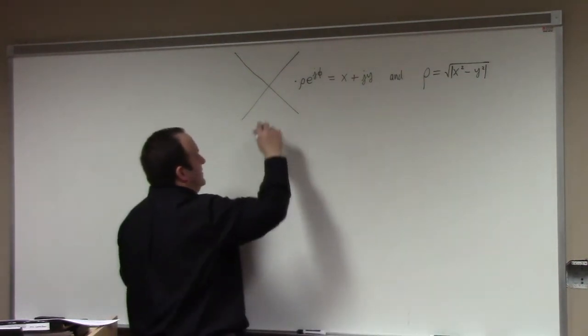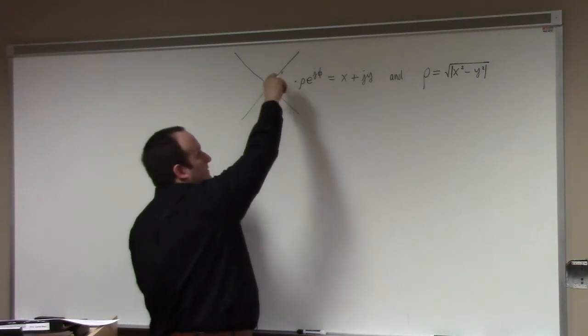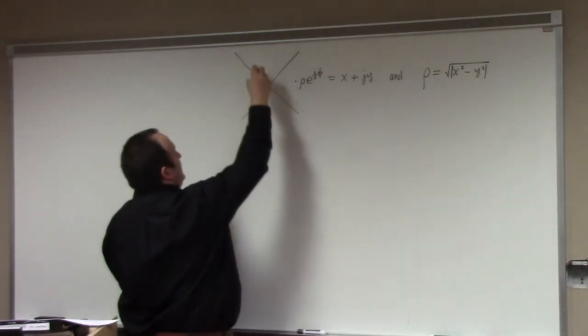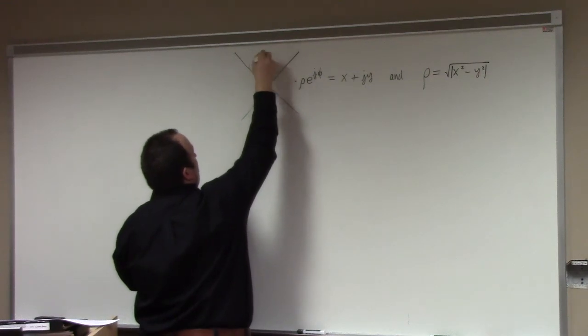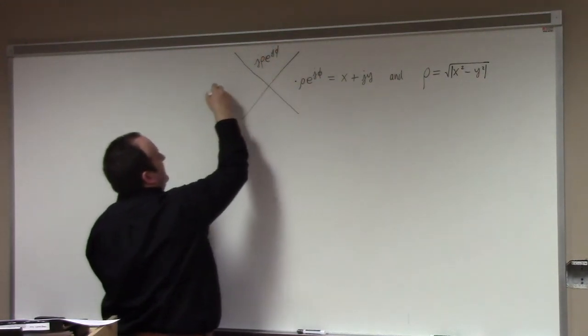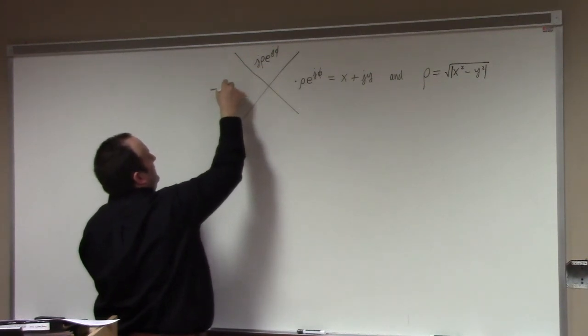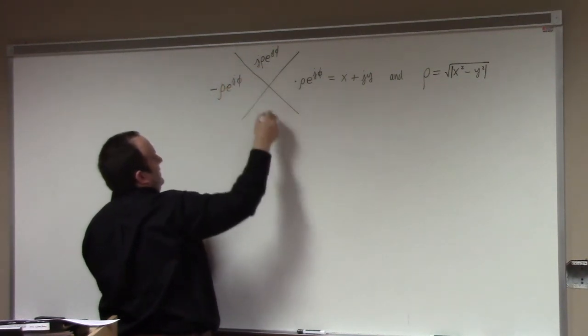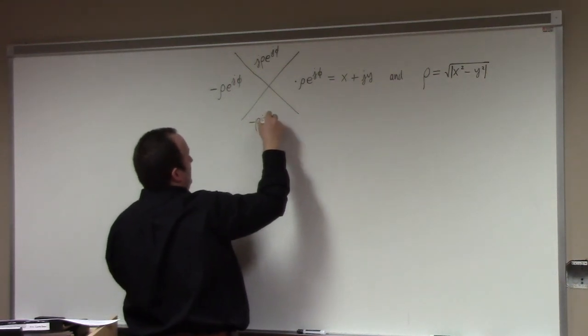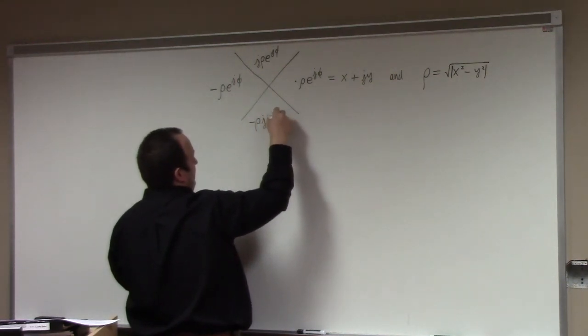So any point in this first sector, sector 1, looks like that. Any point in here looks like j rho e to the j phi. Anything over here has the form minus rho e to the j phi. Anything down here has the form minus rho j e to the j phi.